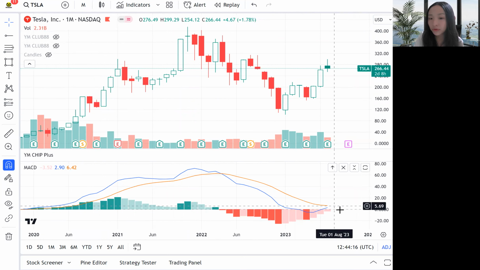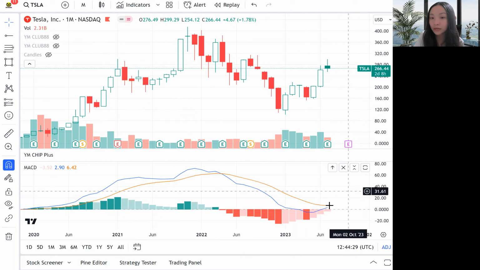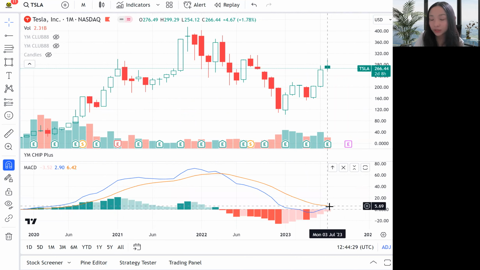Now you can see Tesla is about to flash the green bar very soon, and the blue line is going to cross above the red line. This is golden cross number 1. Number 2 is they cross above the value 0, so it's a very strong trend.